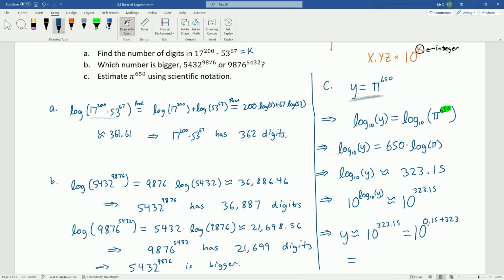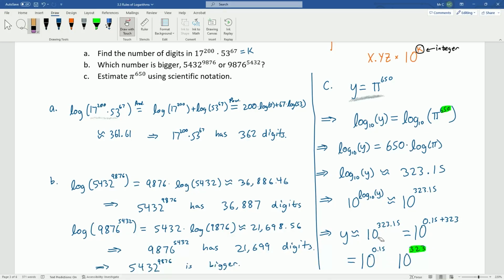And then I can use my exponent property. Since I've got a sum inside the exponent, I can split this up to 10 to the 0.15 times 10 to the 323. Now I have an integer here.